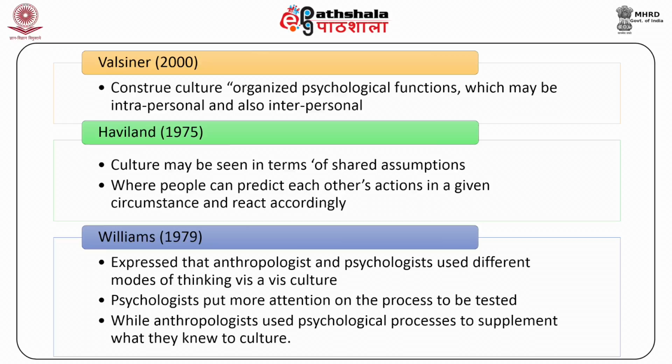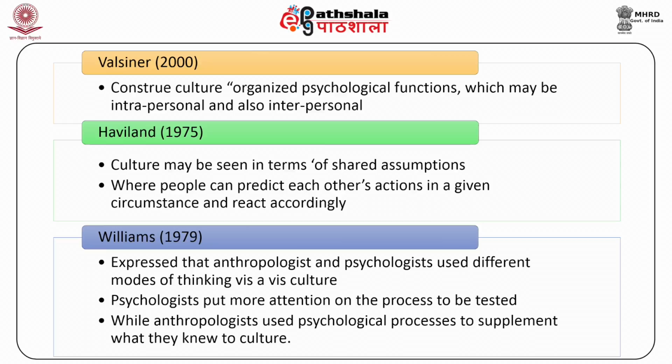Haviland, 1975, said that culture may be seen in terms of shared assumptions where people can predict each other's actions in a given circumstance and react accordingly.